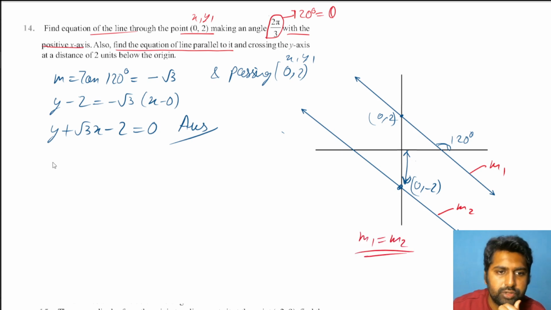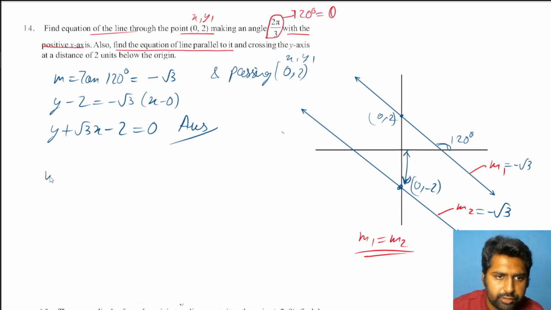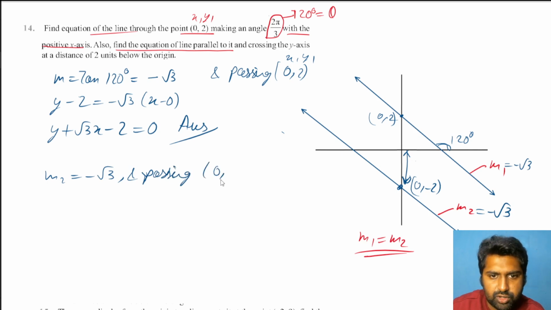So this slope we already calculated, minus root 3. So this also has to be minus root 3. We know m2 is minus root 3. We know the passing point again, 0 comma minus 2. Same thing, y minus y1. So y minus of minus 2, plus 2, is equal to slope m times x minus 0.